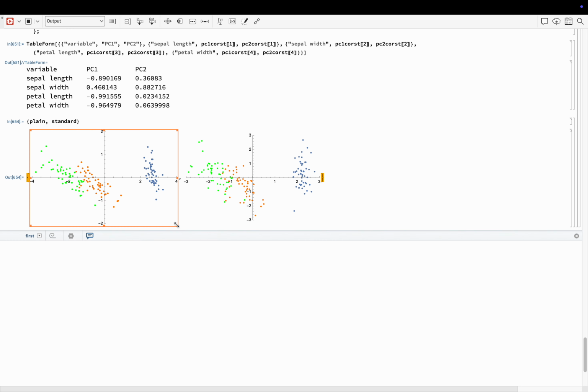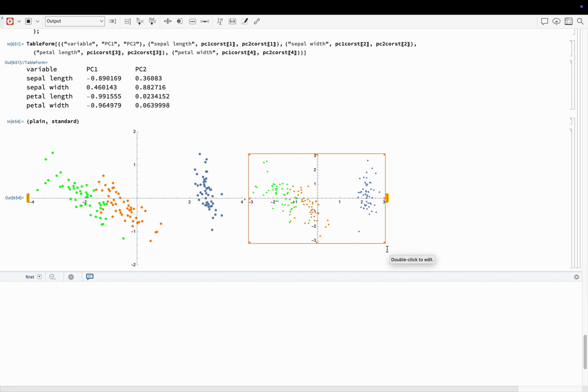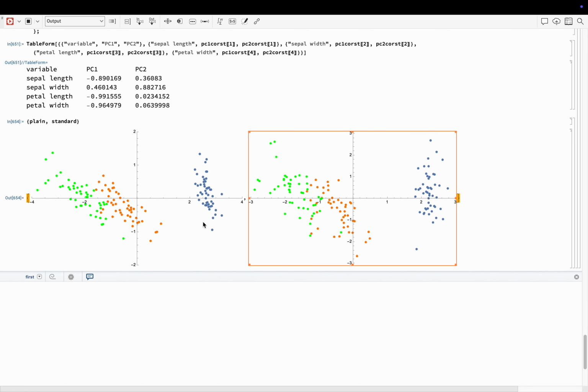We can compare the pictures. Maybe I will make them a little bit bigger. You can see that the separation line here is rather vertical. Here I will use a line like that, and here I will rather use a vertical line. So it is much more visible in the standardized version that it is really the first principal component that separates those species without using the second principal component.